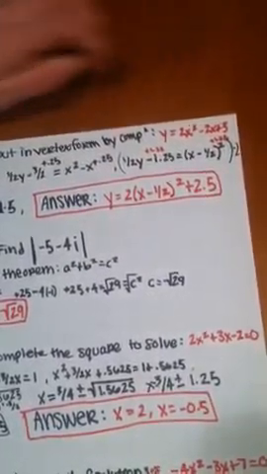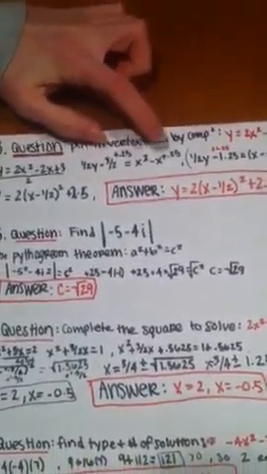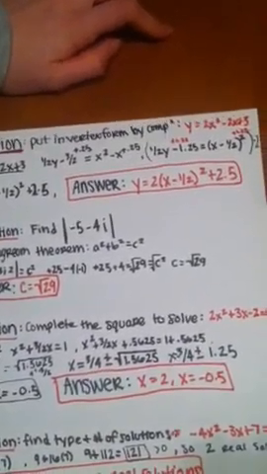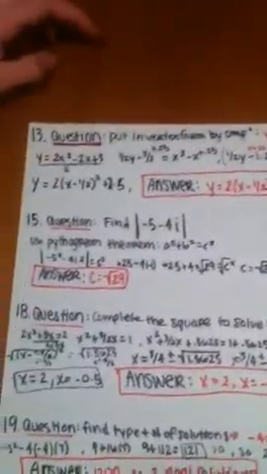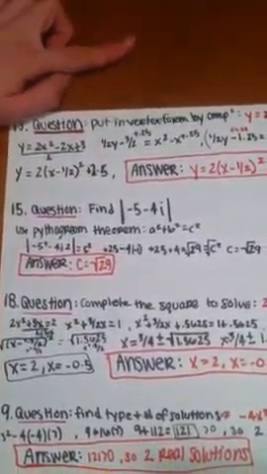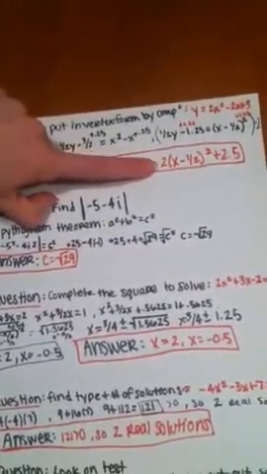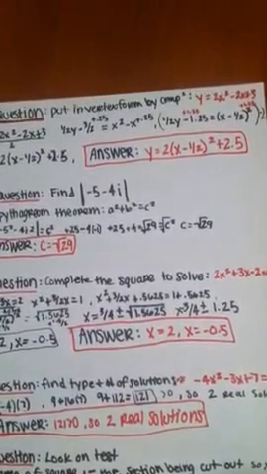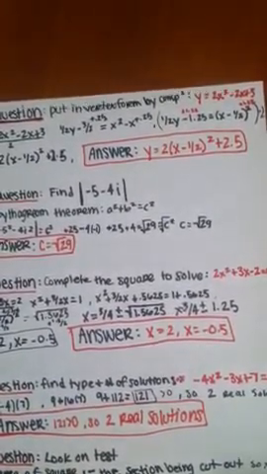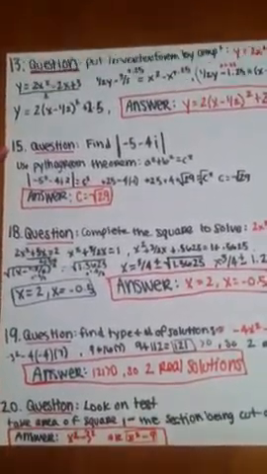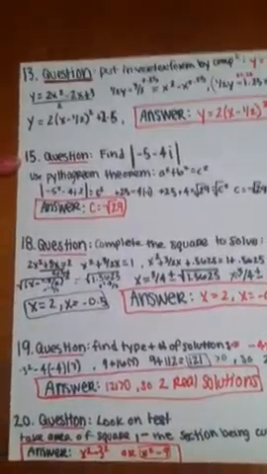But when I redid that and I divided by 2, and then I completed the square and then added to each side, and then factored, and then added this to both sides again, I got y is equal to 2 times x minus 1/2 squared plus 2.5. Then number 15, I just didn't know how to do it.